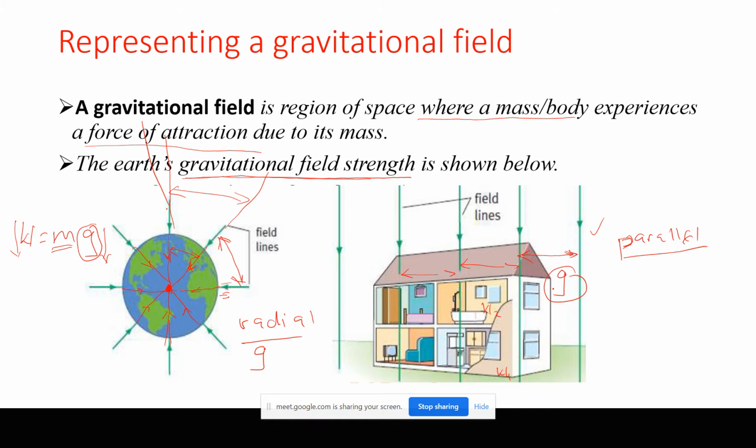Okay, so I'm saying your weight will not significantly change even when you go upstairs, because the change in height is still very small for the value of the gravitational field strength to significantly change.